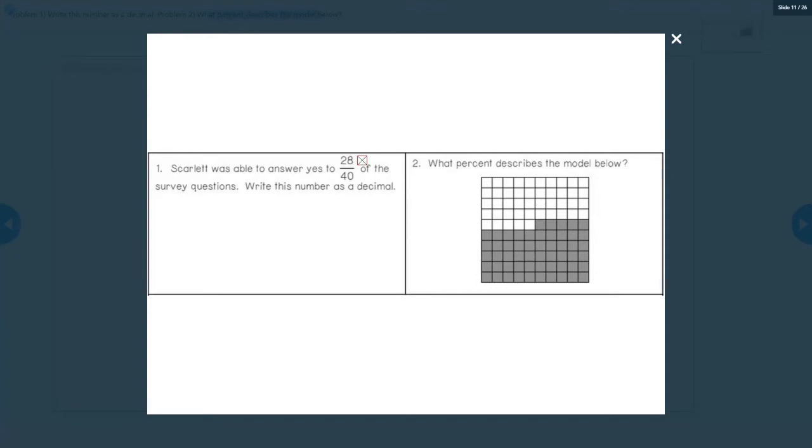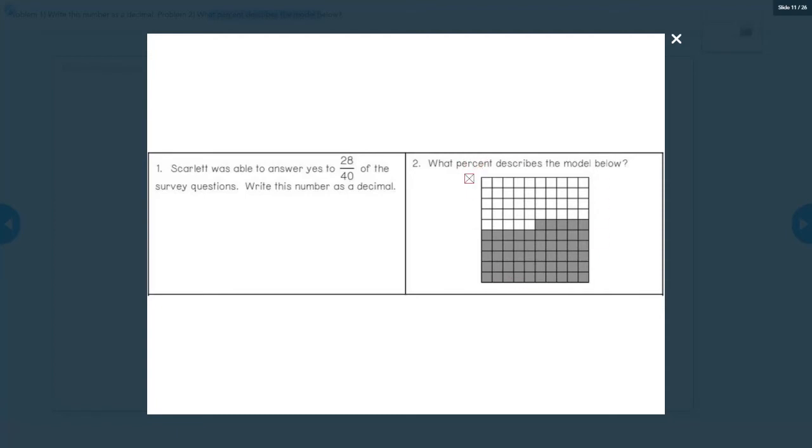You can do 28 and then divide it by 40. Or there's some other simplification tools you may have learned in 6th grade or 5th grade. You can also feel free to use those to help you find that decimal. On the second one, we want to turn this into a percent. The word percent means per means out of, and cent means 100 if we go back to that old language.